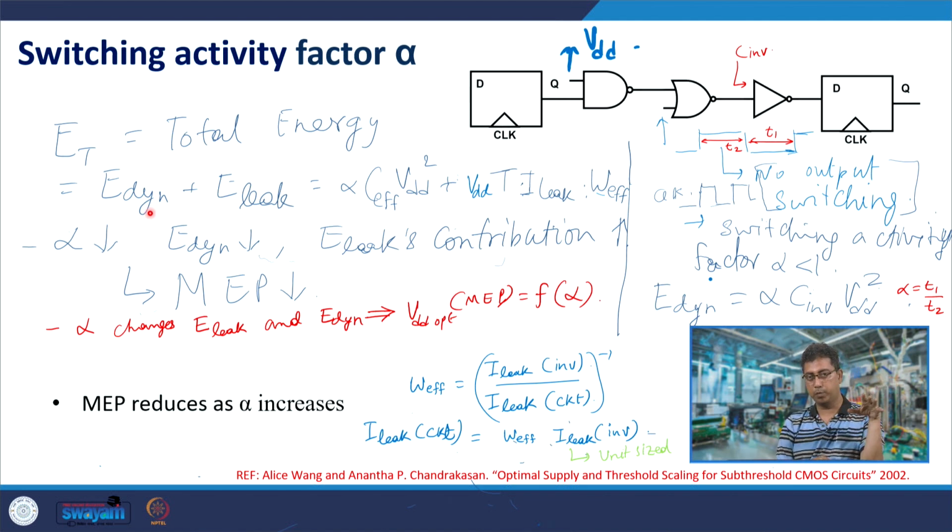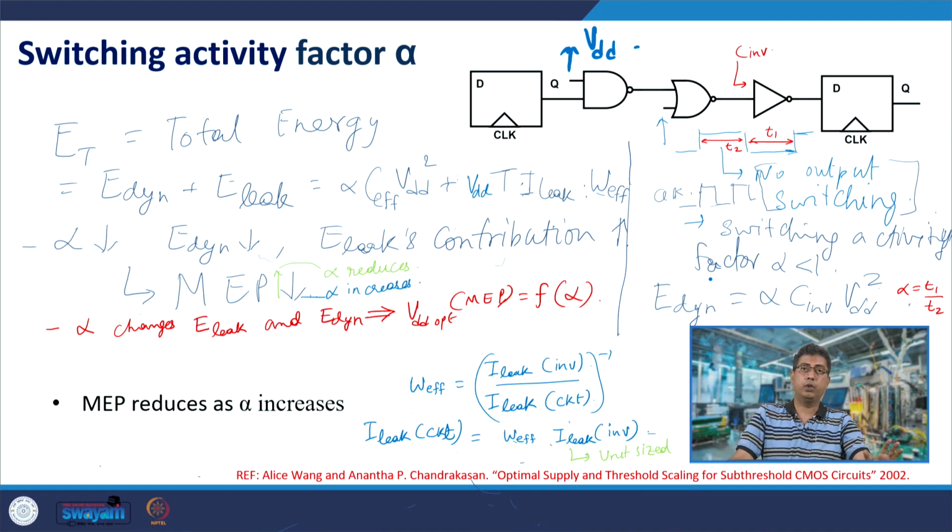This we will discuss in better detail later. So, what we find is that you may get minimum energy for a relatively increased VDD if the activity factor reduces. So, the minimum energy point shifts. Likewise, if the value of alpha increases, the minimum energy point may reduce. Yeah.